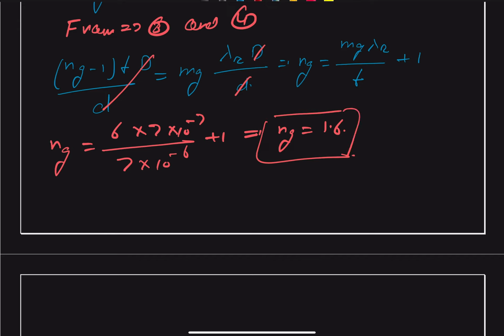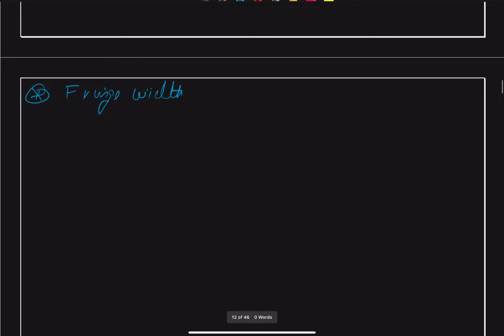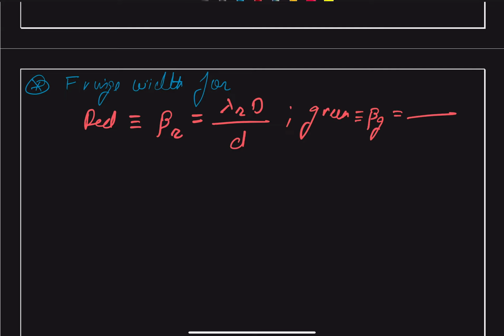Now we come to the fringe width part. So we already know the formula for fringe width for red, that is beta red, will be equal to wavelength for red times capital D upon small d, and for green, that is beta G, will be equal to lambda_G times capital D upon small d.